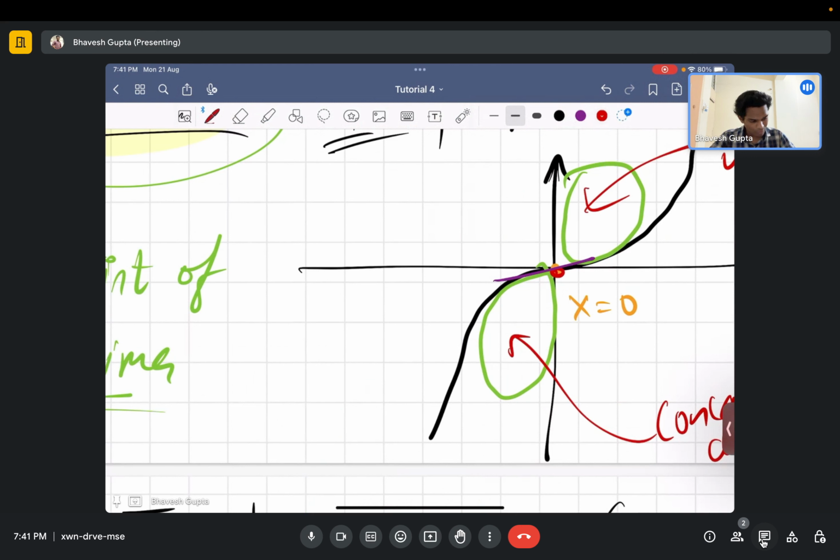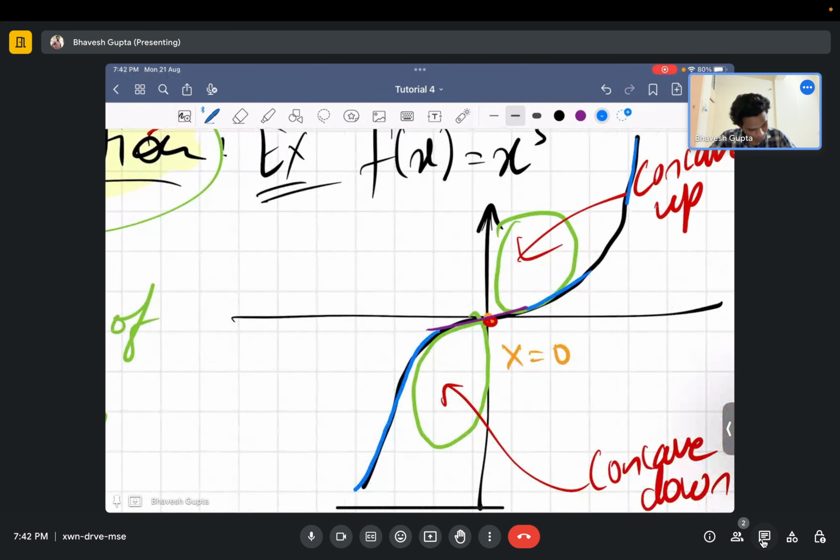Then the curve of the function changes. So in order to change a concavity, it passes through this particular linear behavior. It has to go through this transition through this linear behavior, right?